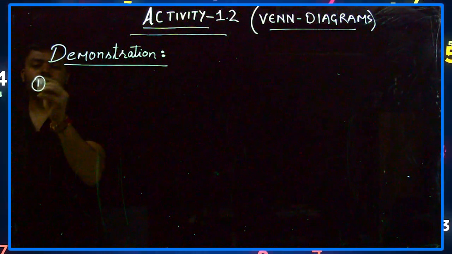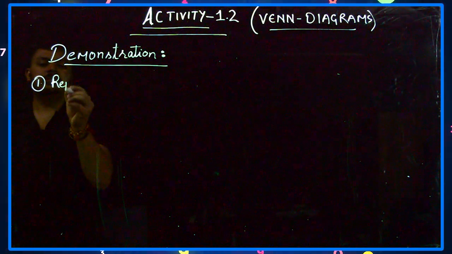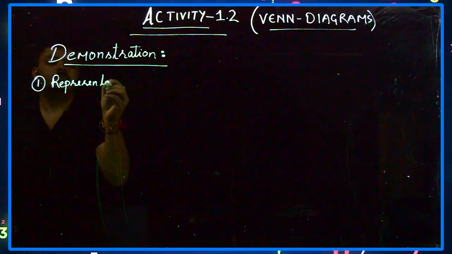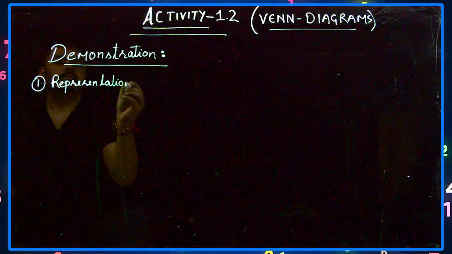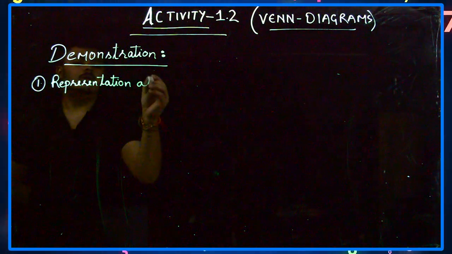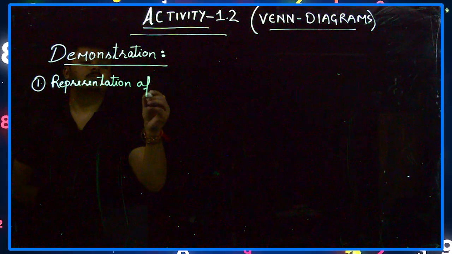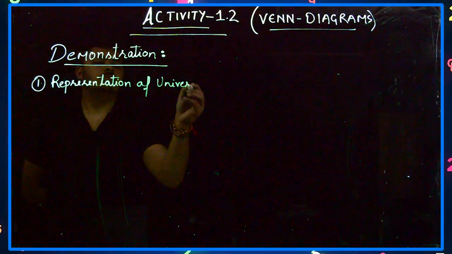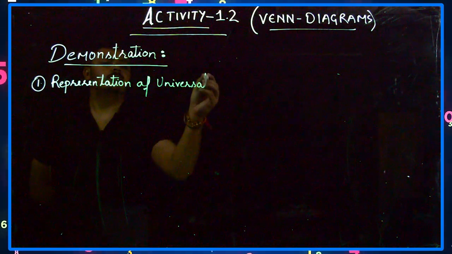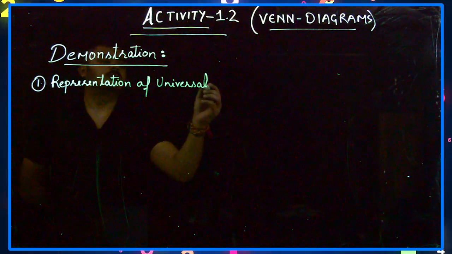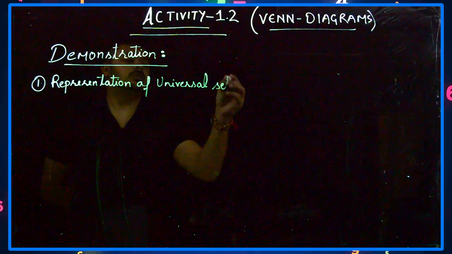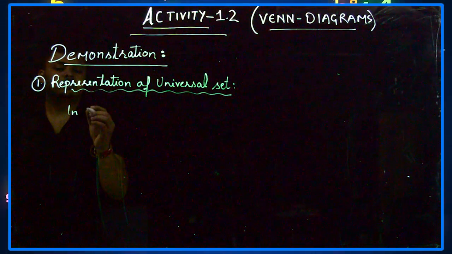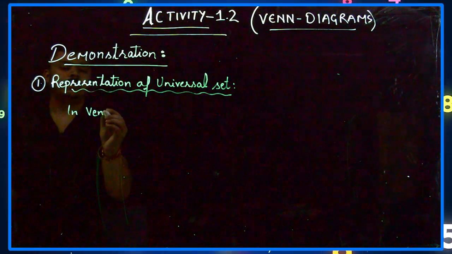First, representation of the universal set in a Venn diagram.